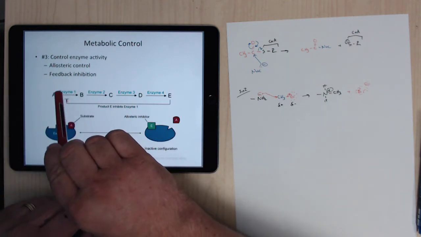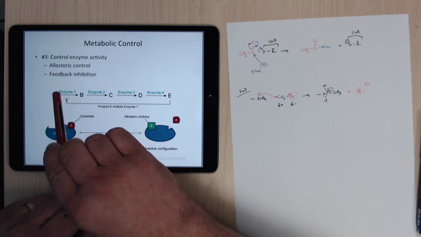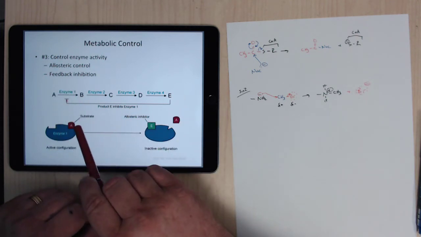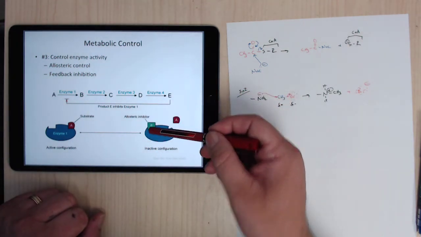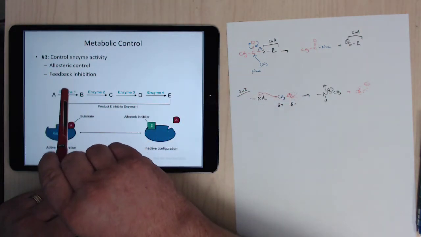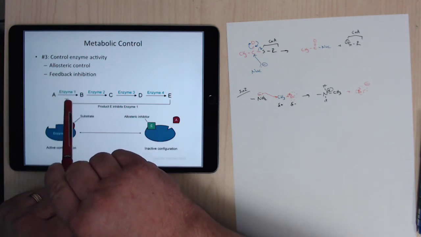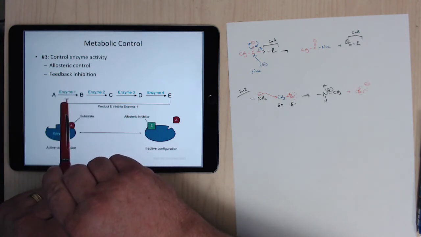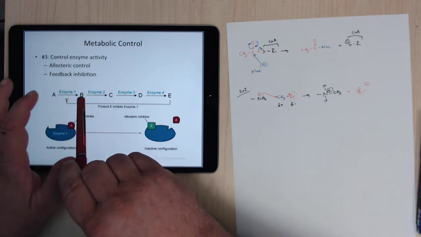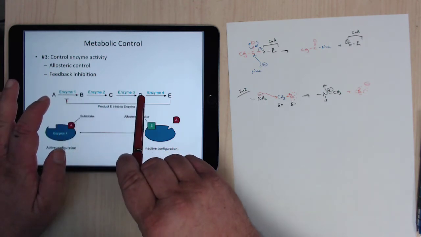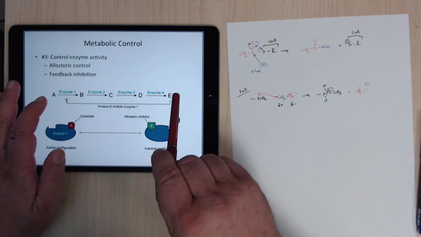You can get this sort of non-competitive inhibition where E can come in here and inhibit this enzyme along the way. If it blocks it here, you don't have to spend the energy to make this or that any more.